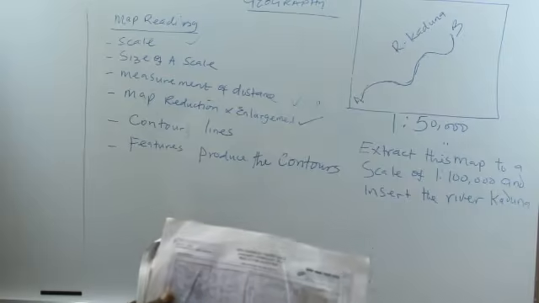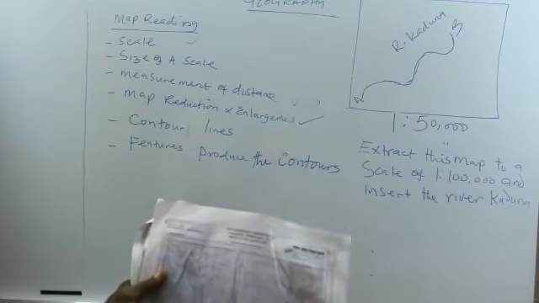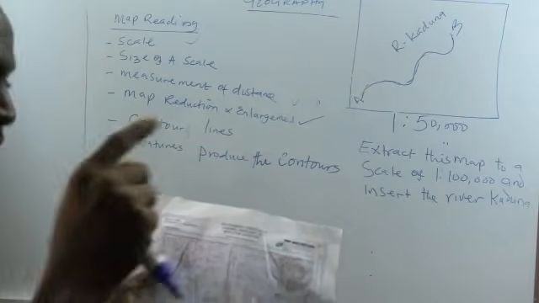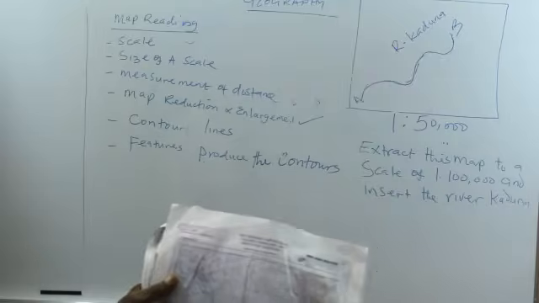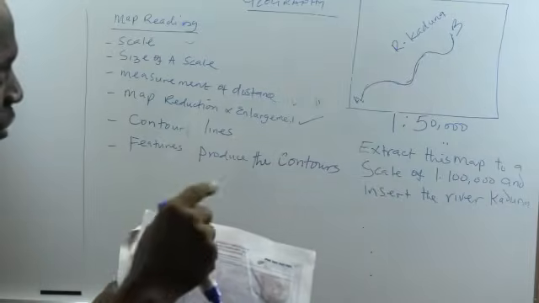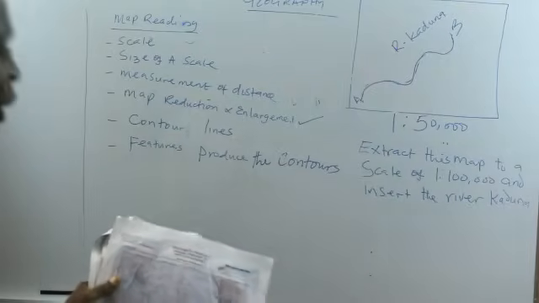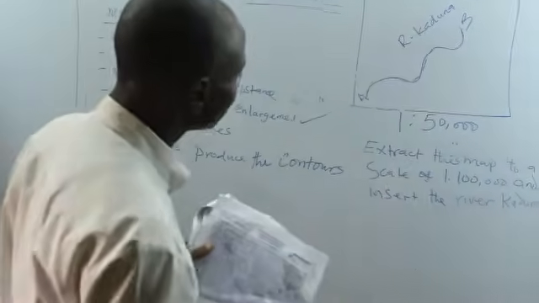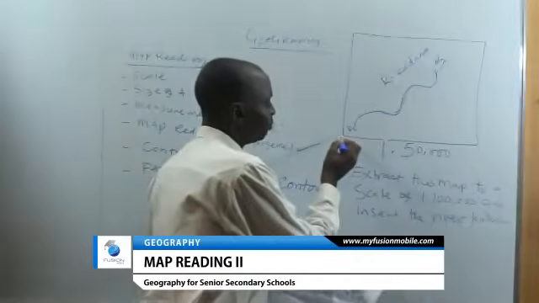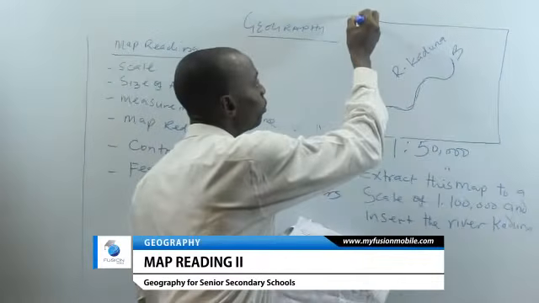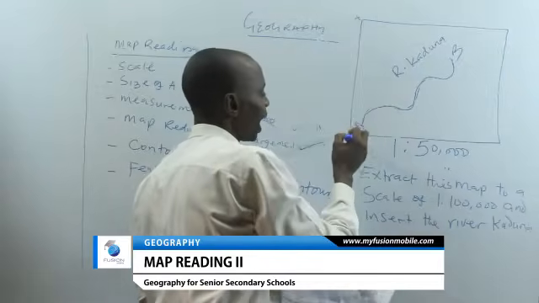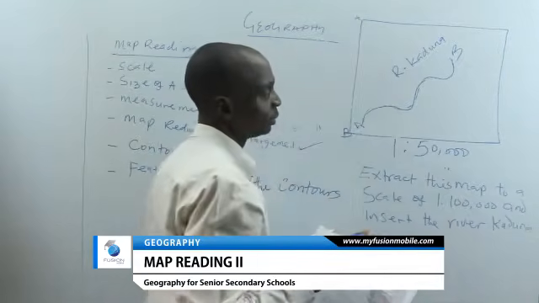And how many times are you going to reduce the map? What you do, you divide the new scale over the old scale. If you divide 100,000 by 50,000, you are going to get 2. So in doing that, you pick your ruler and measure the length and the breadth.